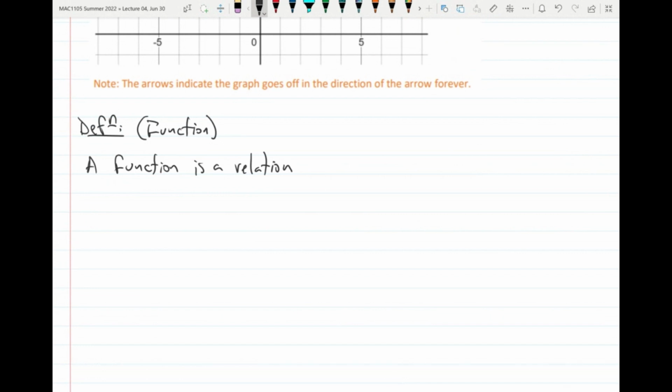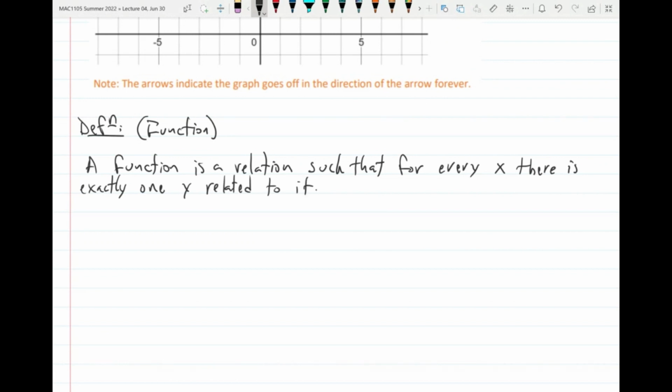So a function is a relation such that for every x, there is exactly one y related to. In other words, every element in the domain is related to only one element in the range.